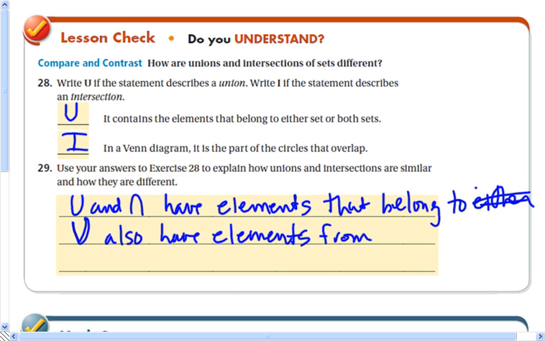I guess I should change that word to both. From either one or the other.